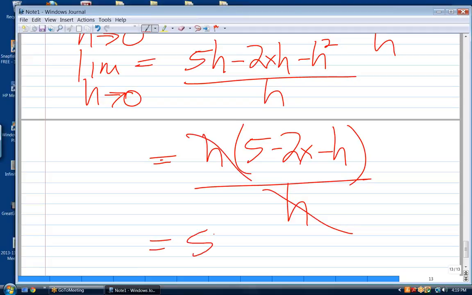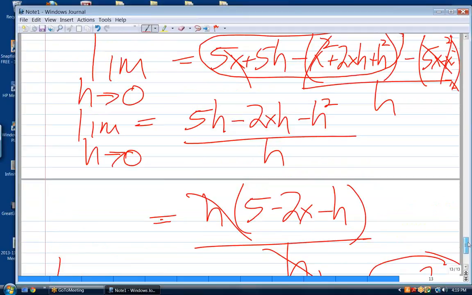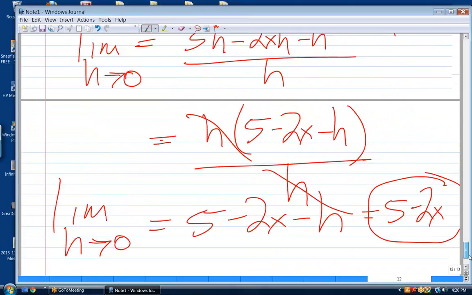And my answer is 5 minus 2x minus h. And I want the limit of that as h goes to 0. Well, that's equal to 5 minus 2x. And that happens to be the first derivative of that function. All right.